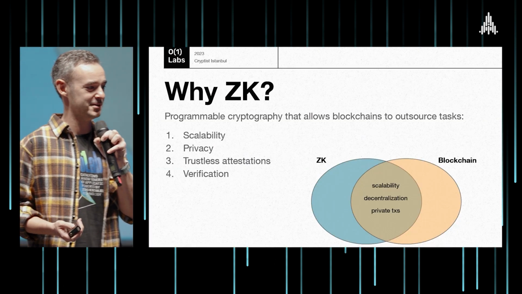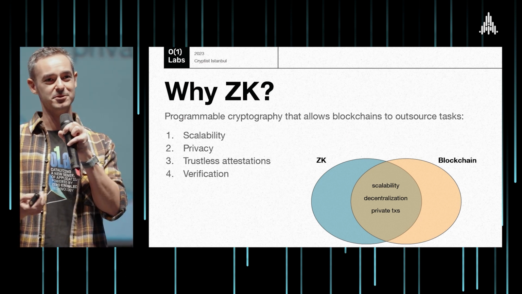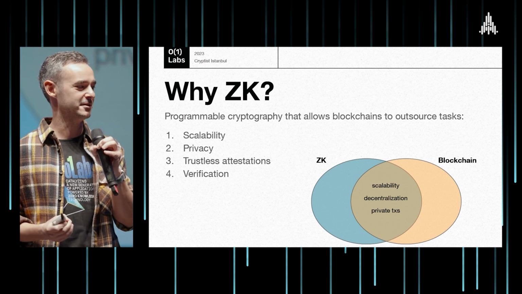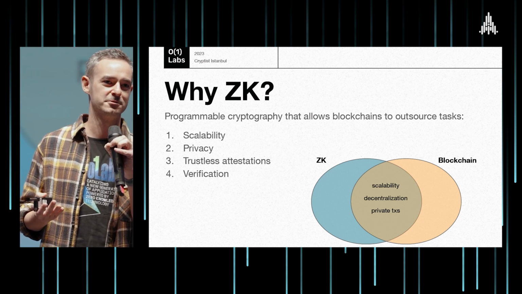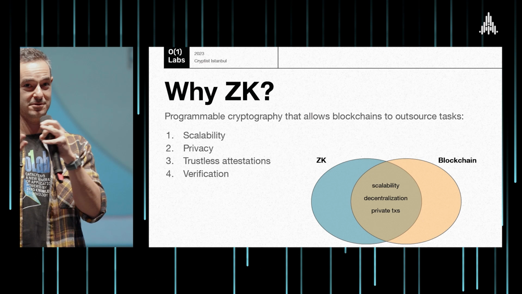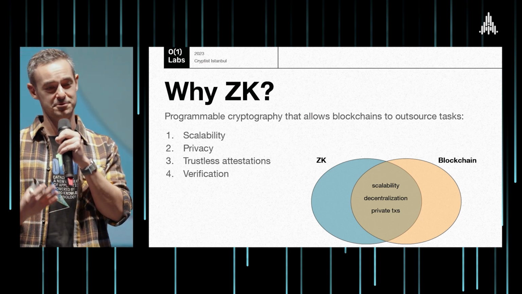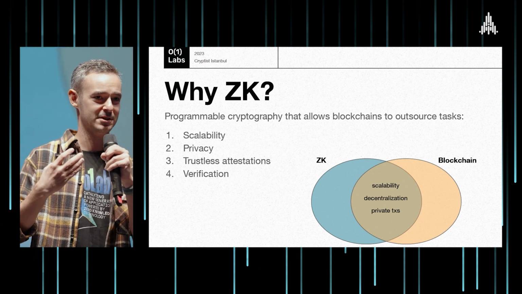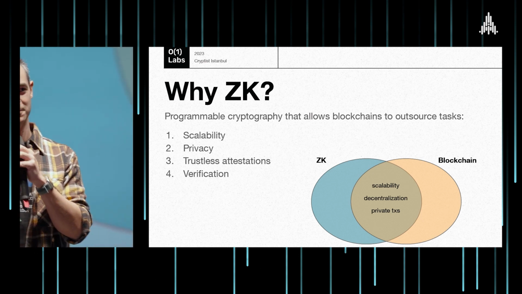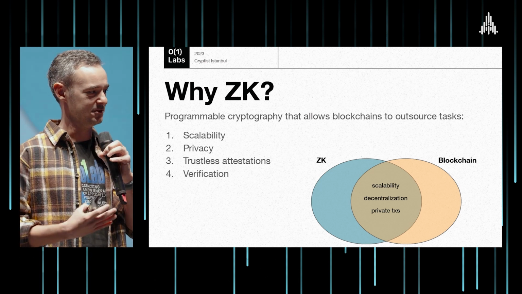But to begin with, why zero knowledge, right? Ultimately, at the very basic level, ZK, zero-knowledge proofs, are programmable cryptography that allows blockchains, the industry that we're all a part of, to outsource tasks to end users. And you can see some of the use cases that are allowed thanks to this, and I'm going to dig deeper into these in a bit.